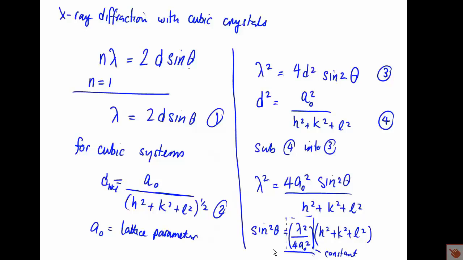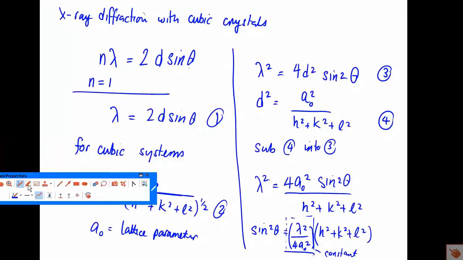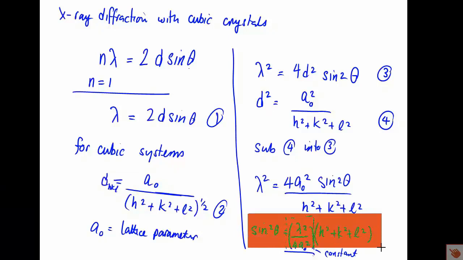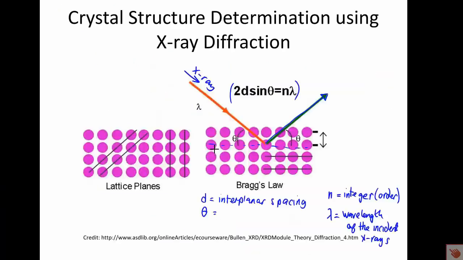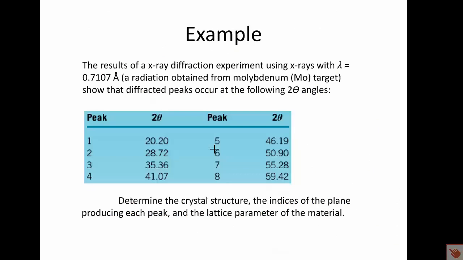So let's do an example to illustrate or to demonstrate how to apply what we've just learned. Let me just take a copy of this equation. Okay, let's have a look at this example here.